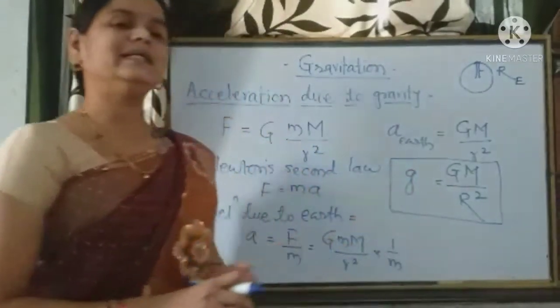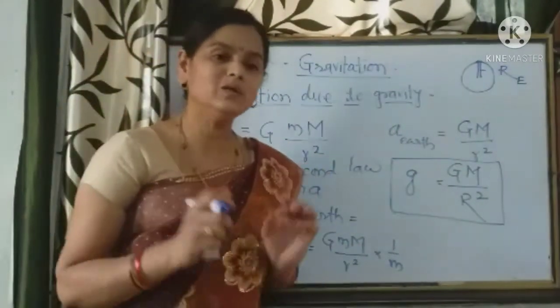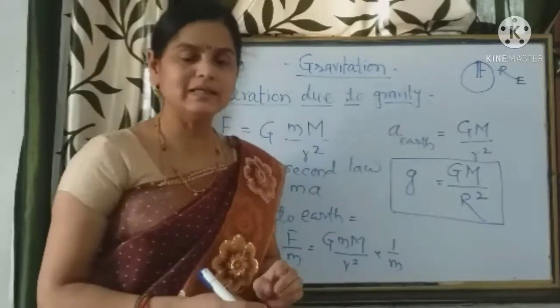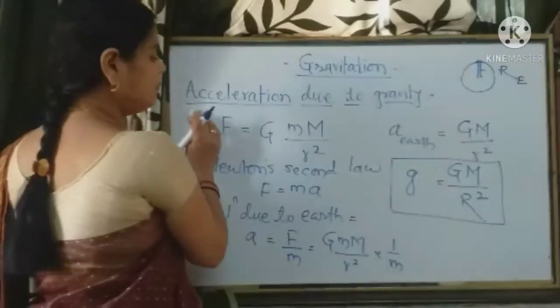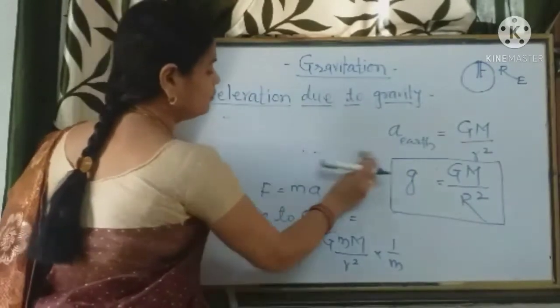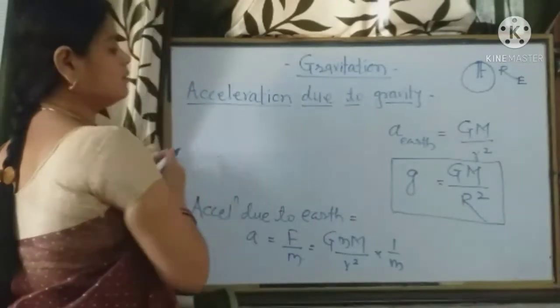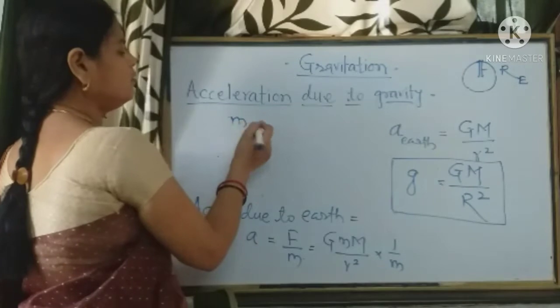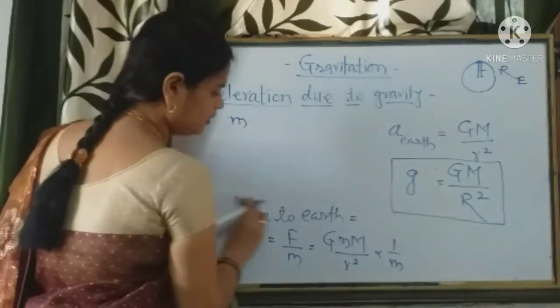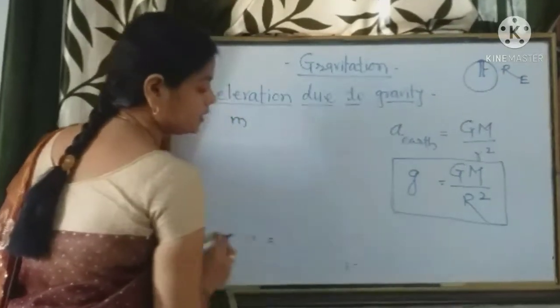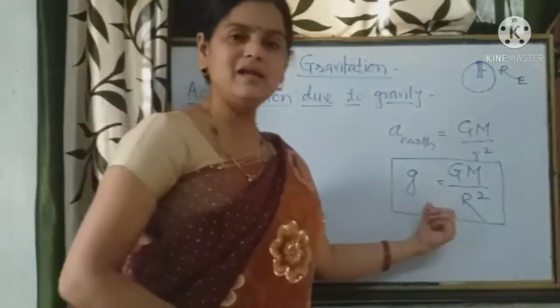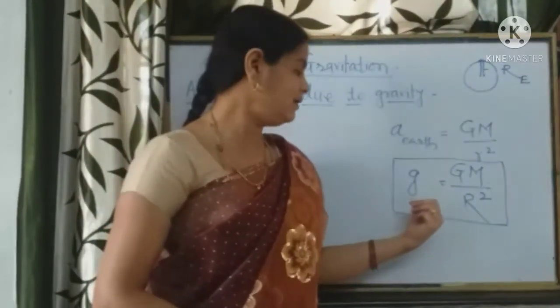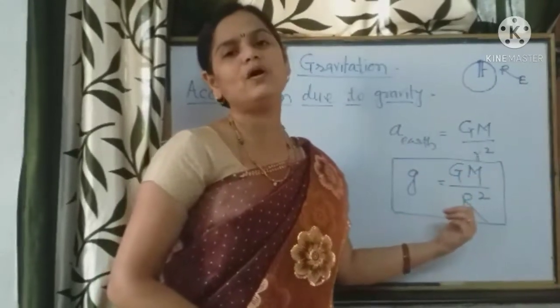It means the acceleration felt by the object due to earth is independent of the mass of the object. Whether the mass is small m or a very huge body, they get accelerated with the same acceleration due to gravity, that is equal to GM upon r square.